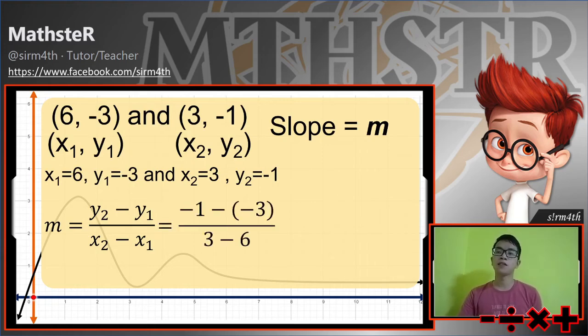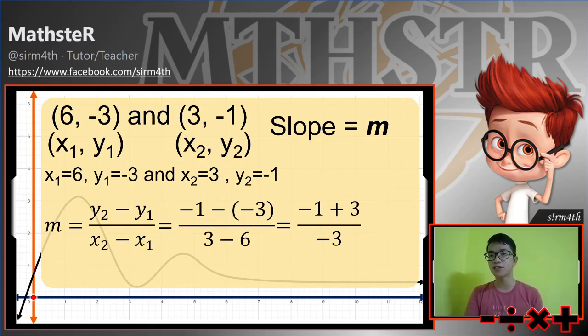Then we are going to substitute all of the given points. So, y sub 2 will be negative 1 minus the quantity of negative 3, since y sub 1 is negative 3, over 3 minus 6. Now, let us multiply the negative times the negative 3. Yun ay magiging negative 1 plus 3 over 3 minus 6, we have negative 3. Susundin lang natin dyan yung rules ng operation ng integers. Kapag mas malaki yung value ng isang number, yung sign nun ang susundin natin.